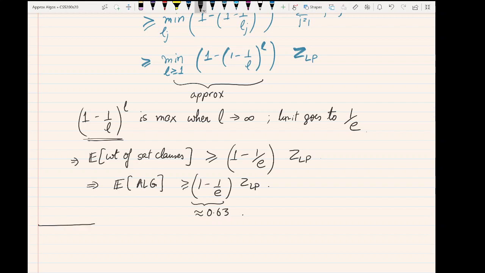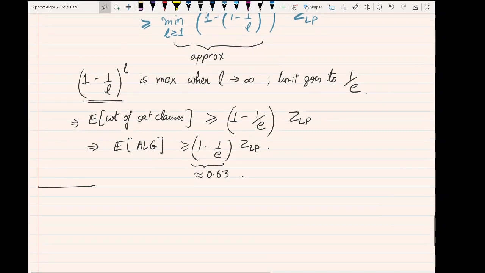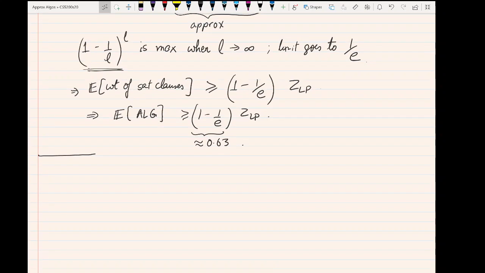Now, if you notice, the linear programming approximation that we have just derived and the initial purely randomized algorithm are very different in the following way.